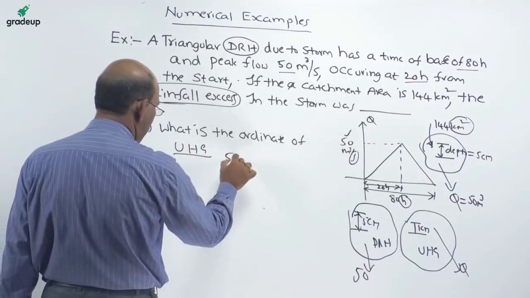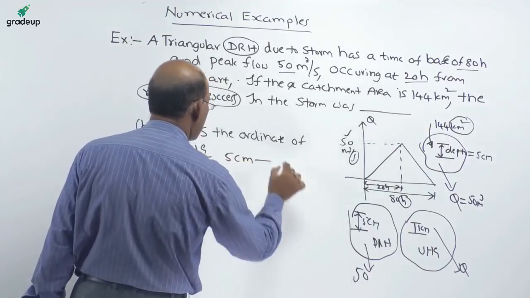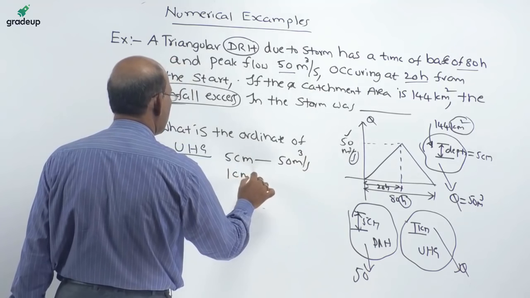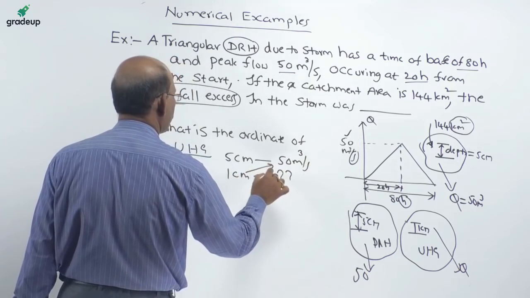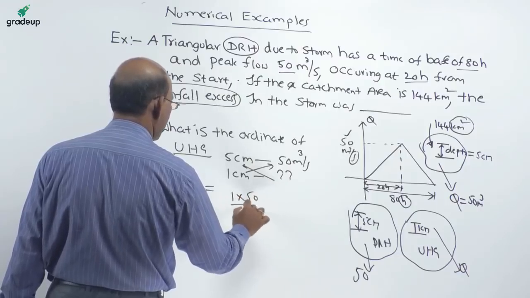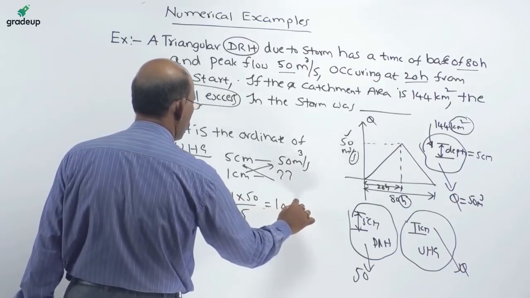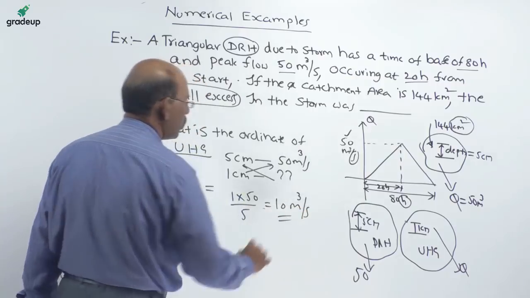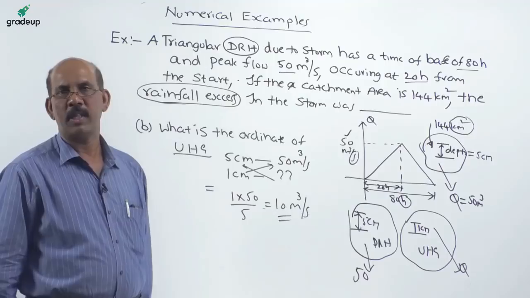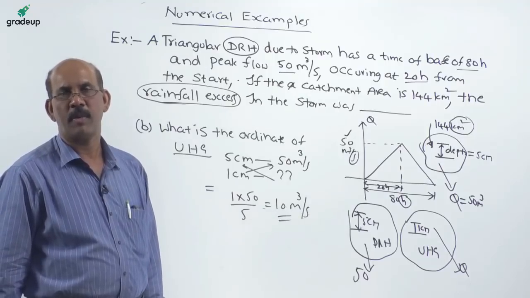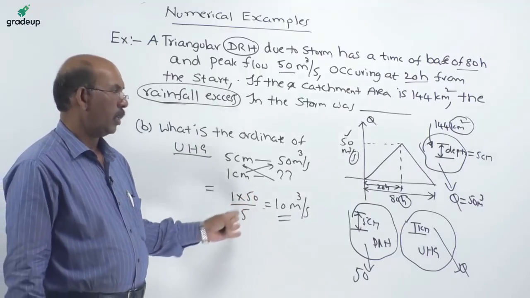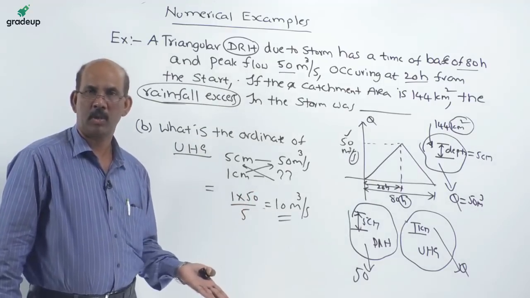So, 5 centimeter produce a discharge of 50 meter cube per second. So, 1 centimeter produces how much? The answer is 1 into 50 divided by 5, so the answer is 10 meter cube per second. So, this is the difference between the unit hydrograph and the direct runoff hydrograph. This is how another question is also possible.